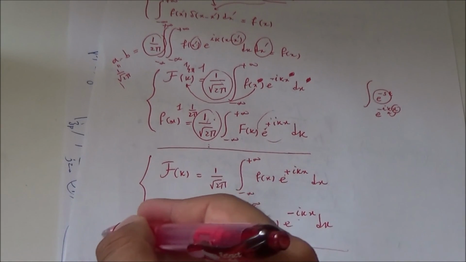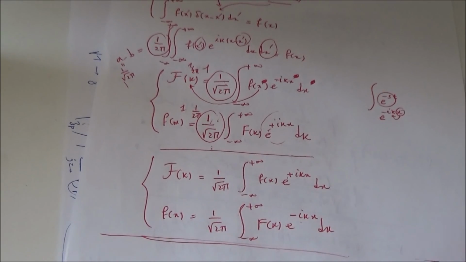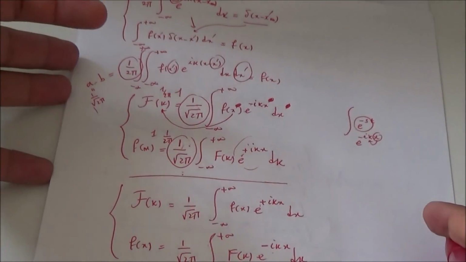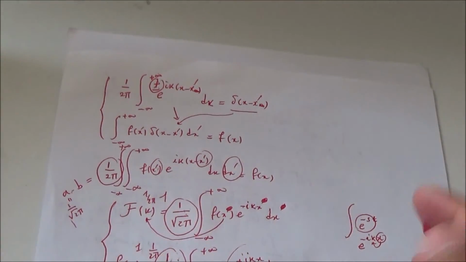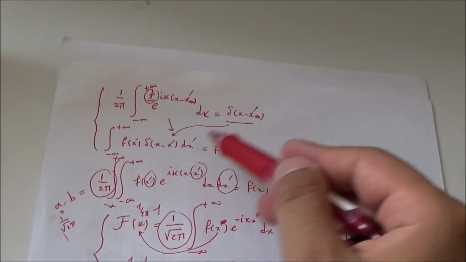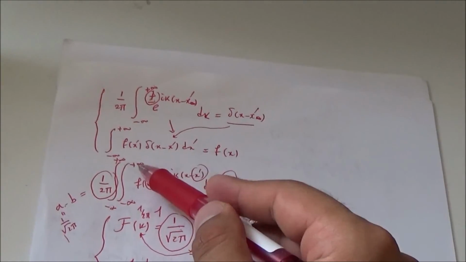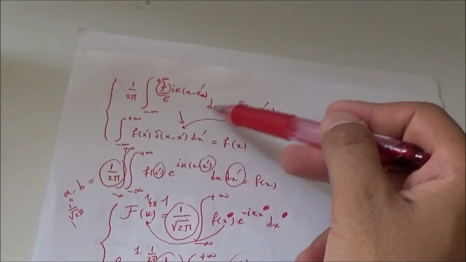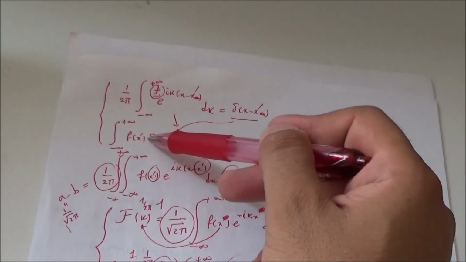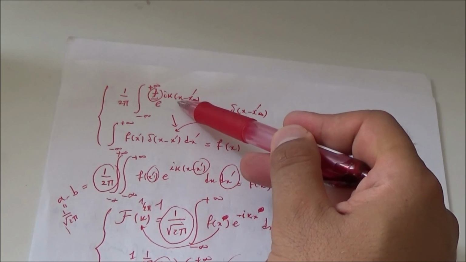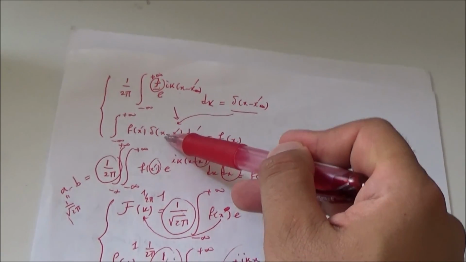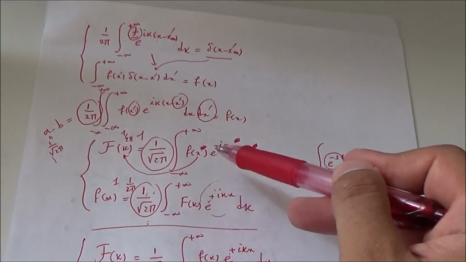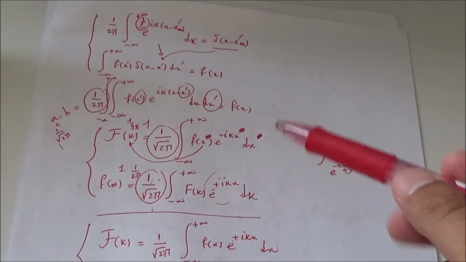As you saw in these two videos, I talked about the Dirac delta function, its main properties, and its integral representation. I put this representation into this property, and I get the Fourier integral theorem.